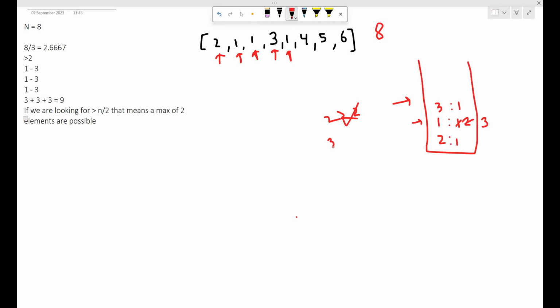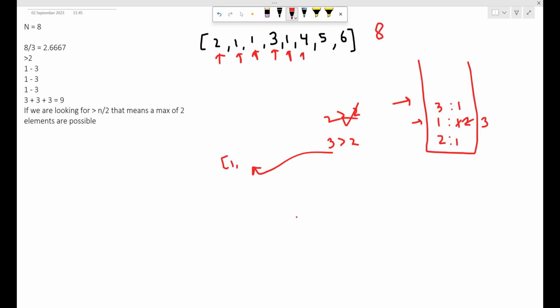As soon as the count of 1 becomes 3, I check if it is greater than 2. Yes, it is. That means I can use it as my majority element and I will store it. Basically, the element is 1, 3 is not the element, the count is 3. I will store the element.